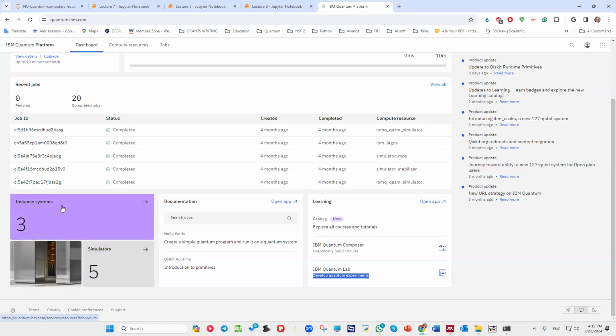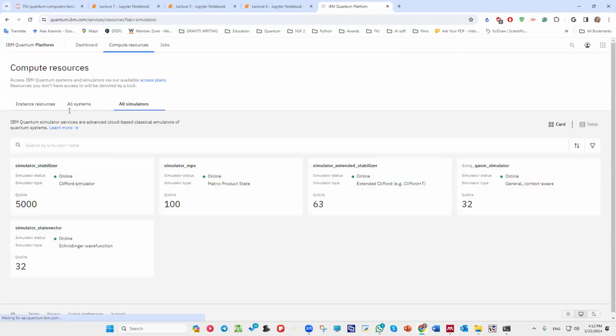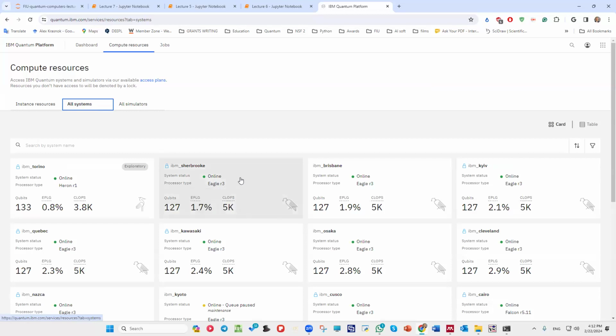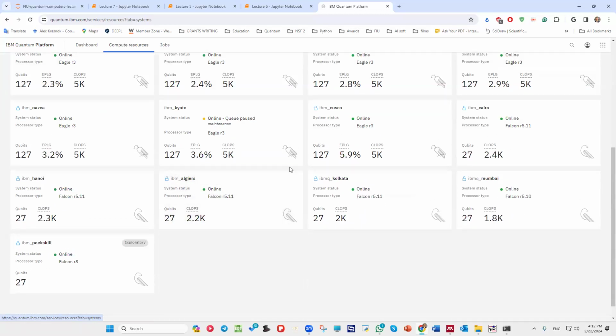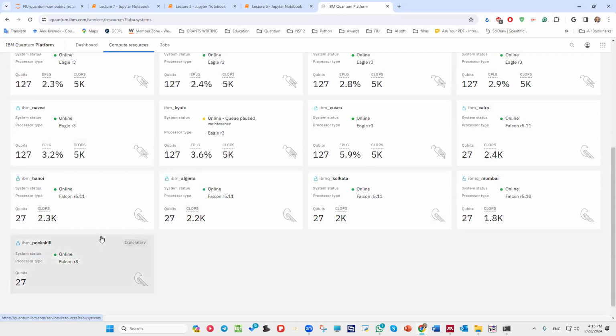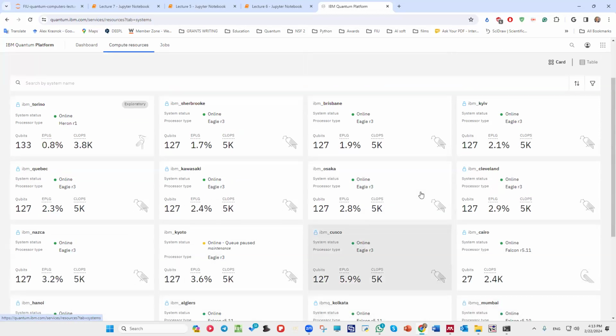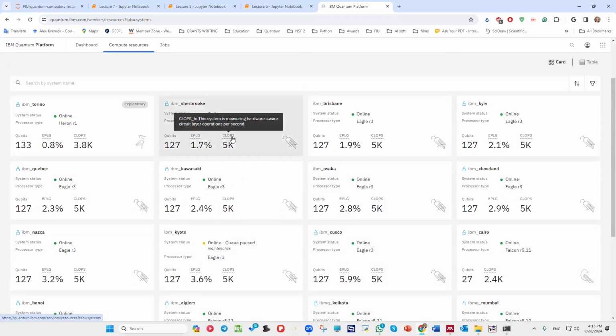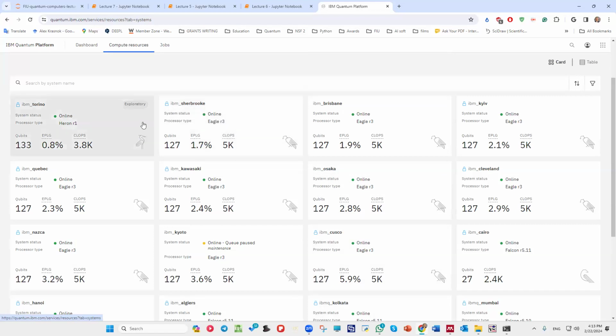For now, let us go to, I guess, simulators, all systems, and see the list of available quantum computers. Okay, so this is the list of different real quantum computers. So you can use some of these for quantum simulations.